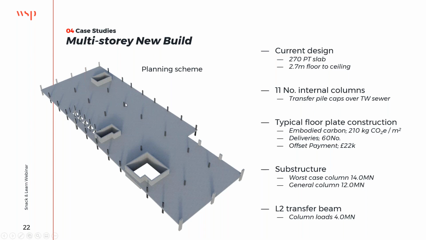It had lots of internal columns because of the span of the PT system. As well as that, we had to bridge over a Thames Water trunk sewer, which ran directly through the site. In terms of embodied carbon, it was 210 kilograms of CO2 per meter squared, with quite a lot of GGBS in those mixes, and quite heavy loads on the substructure because of the heavy construction we were proposing.